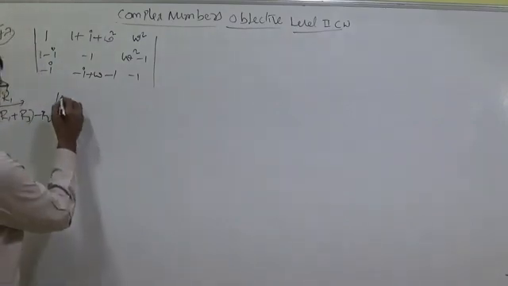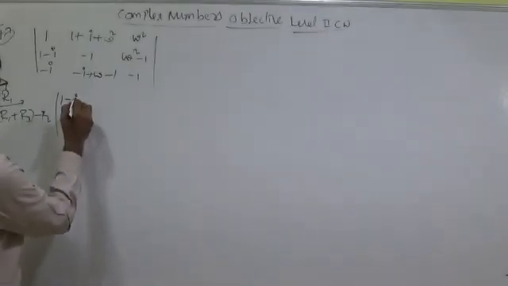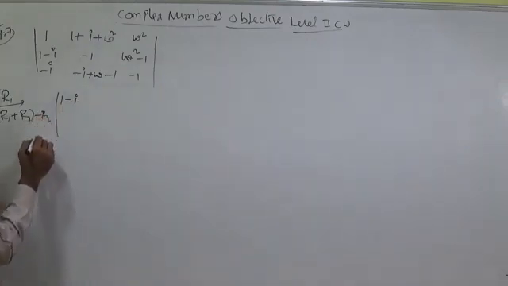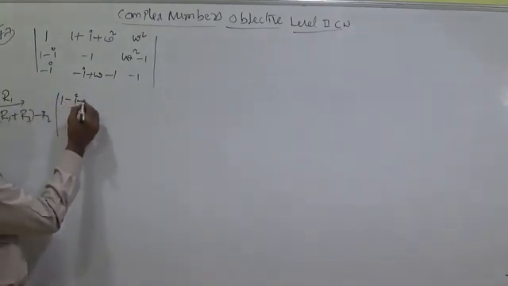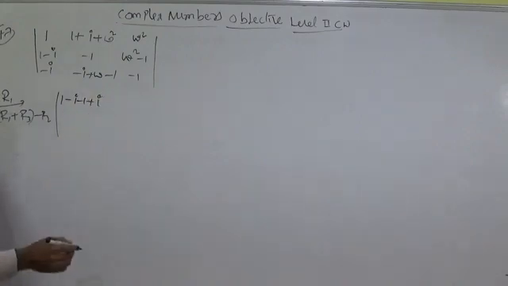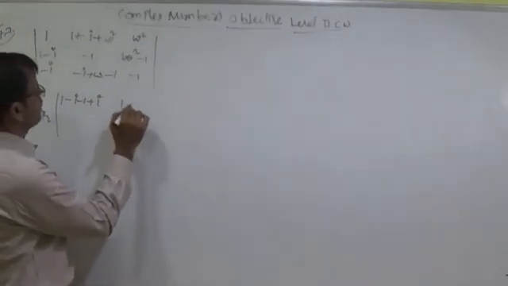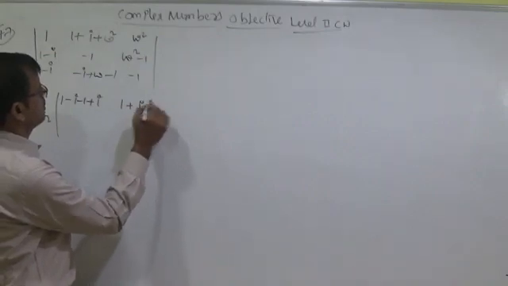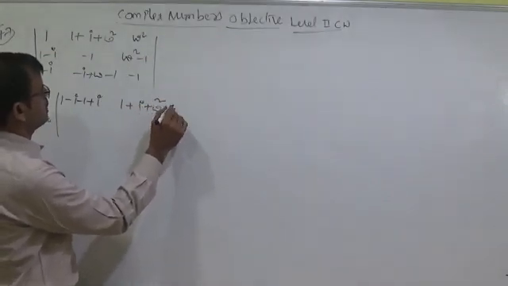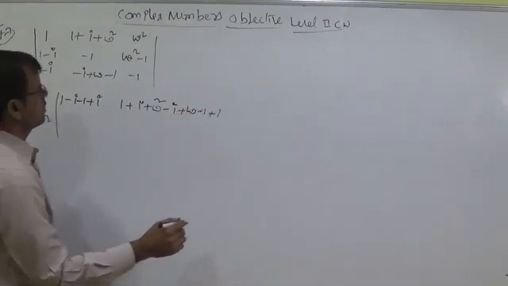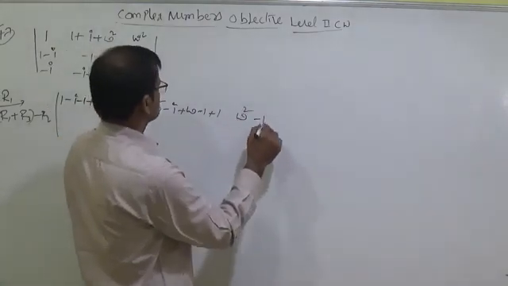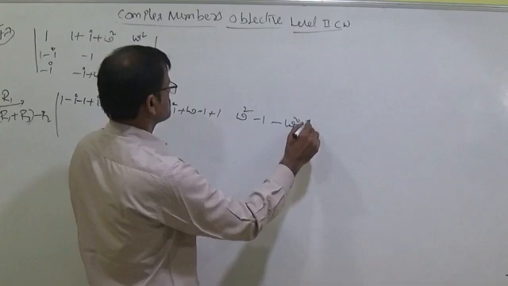So R1 changes to R1 plus R2. 1 minus i, then 1 minus i minus 1 plus i, you write. Minus 1 plus i becomes 0. In the concept, 1 plus i plus omega square minus i plus omega minus 1 minus of minus plus 1. In the concept, omega square minus 1 minus omega square plus 1.